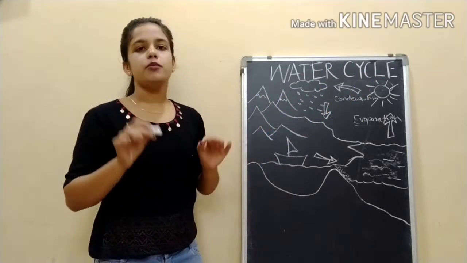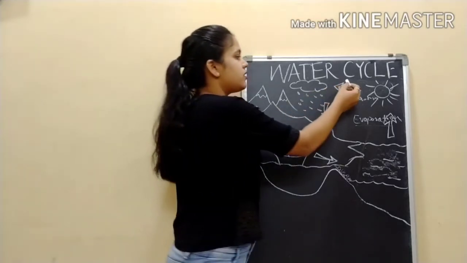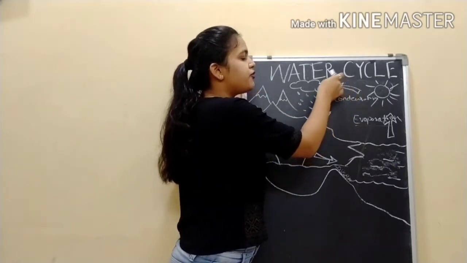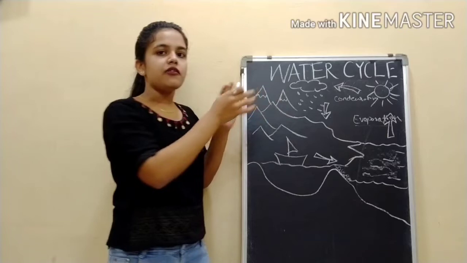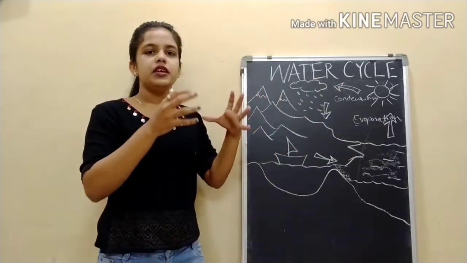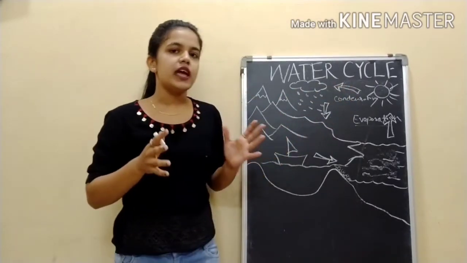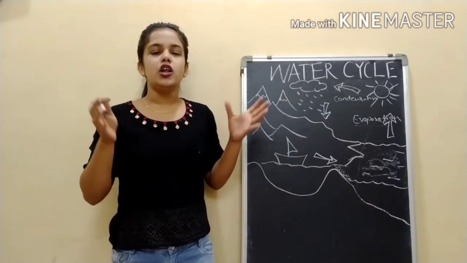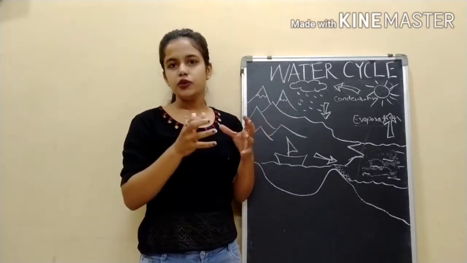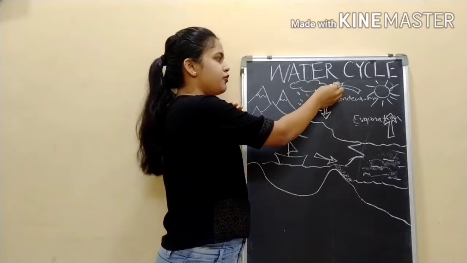That means small droplets of water which are very light in weight float in the atmosphere. After some time, due to the condensation they form clouds, and they become very heavy because a lot of small water droplets come together to form bigger water droplets, and then they form clouds.